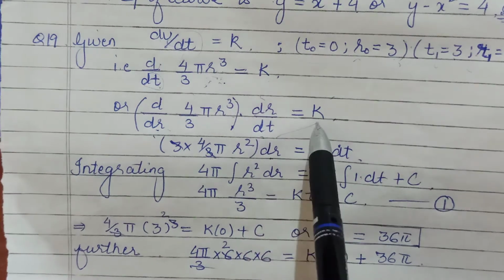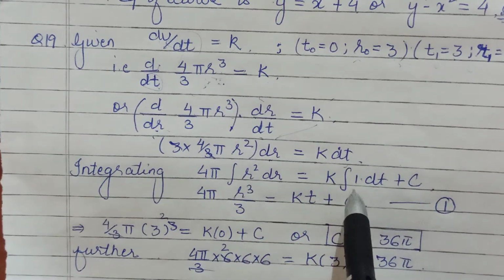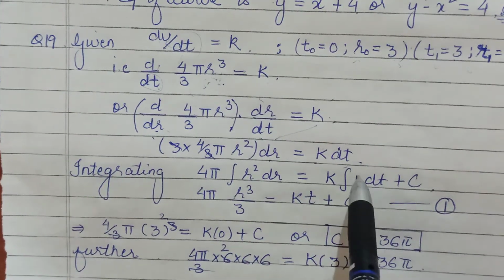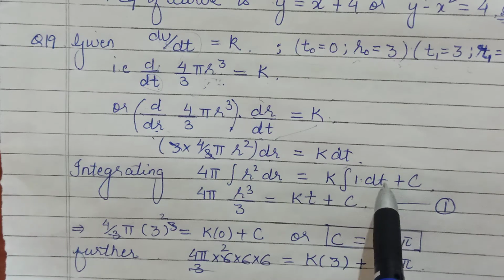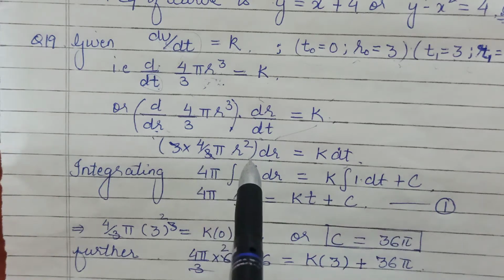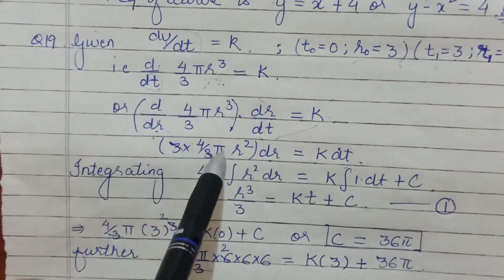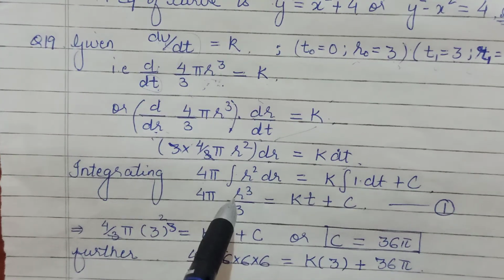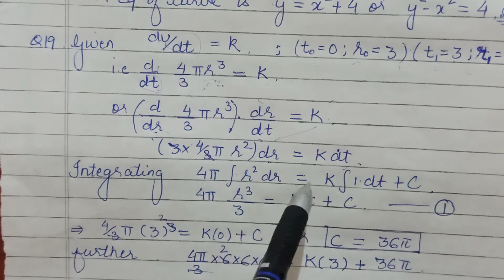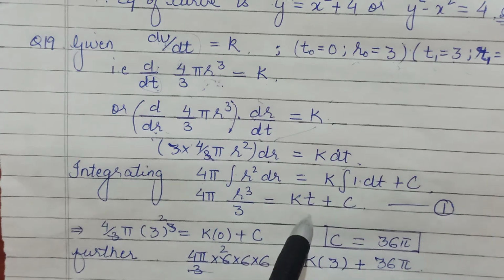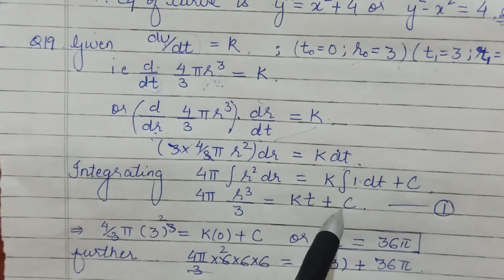So dt has been cross multiplied here, so this becomes k integrated with respect to t. This side is a function of r, so it integrates with respect to r. So the constant was 4 pi, the integration of this comes out to be r cube by 3, and this becomes k into t plus c. Integral of 1 with respect to t will be t.